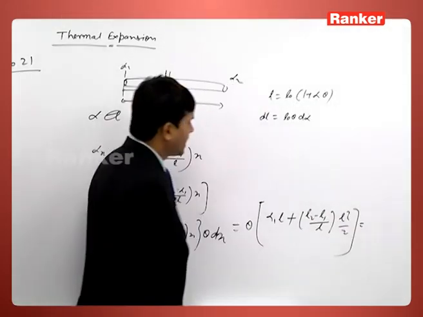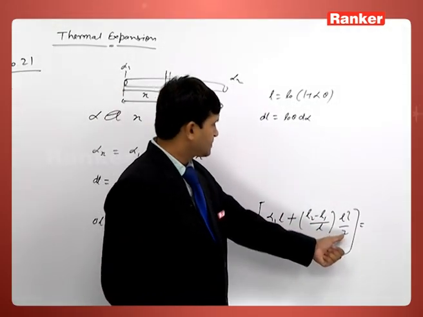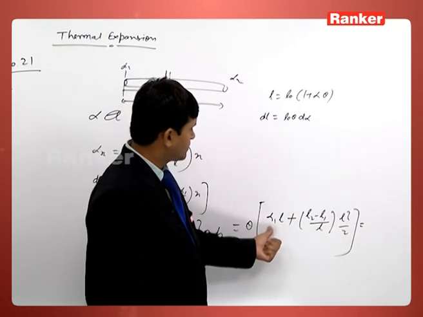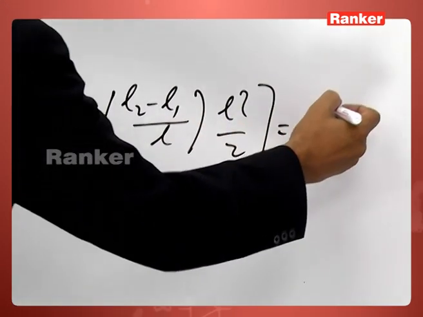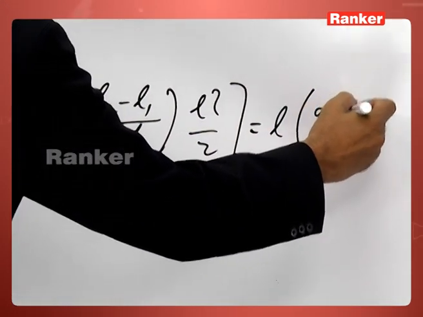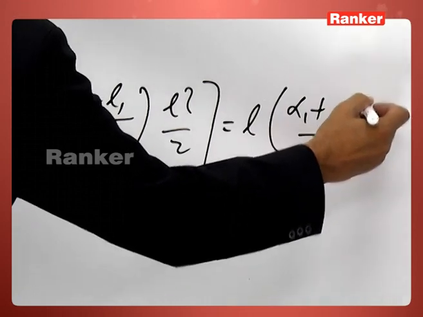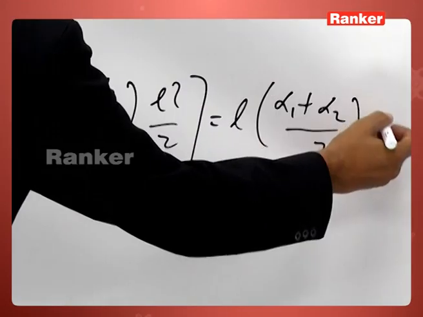After substituting the value, we are getting L into (alpha 1 plus alpha 2) by 2 into theta.